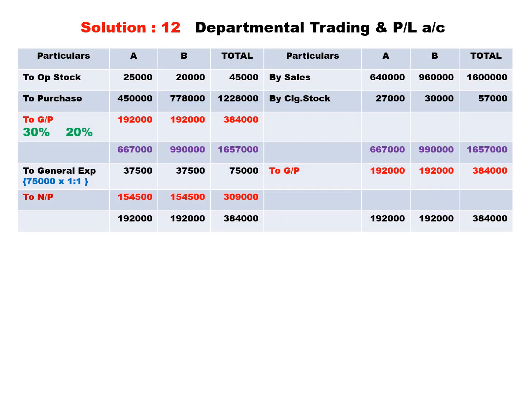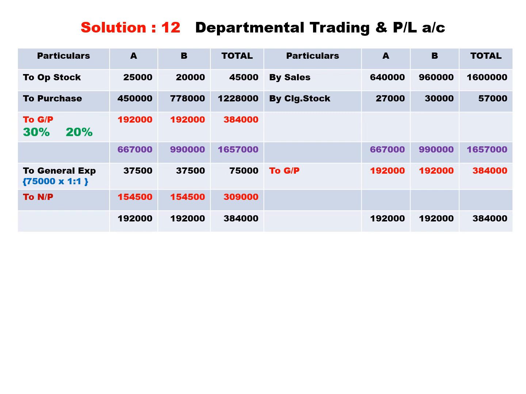Sales are given separately, 6,40,000 and 9,60,000, total 16 lakh. Then we record closing stock, 27,000 for A and 30,000 for B, and the total is 57,000. This also includes interdepartmental transfers.